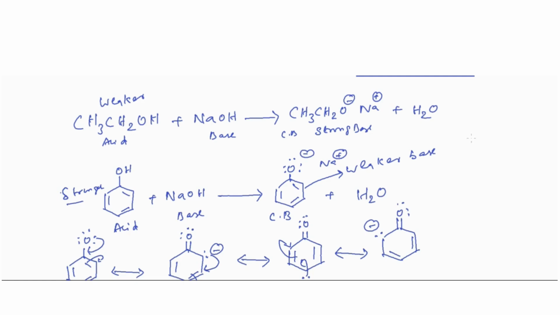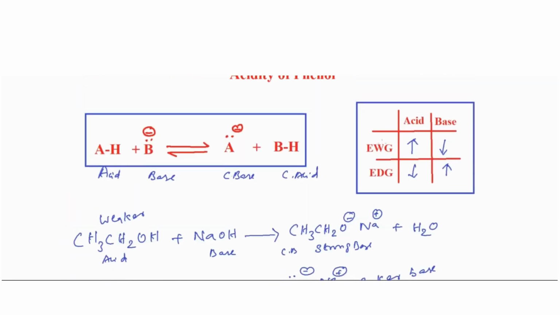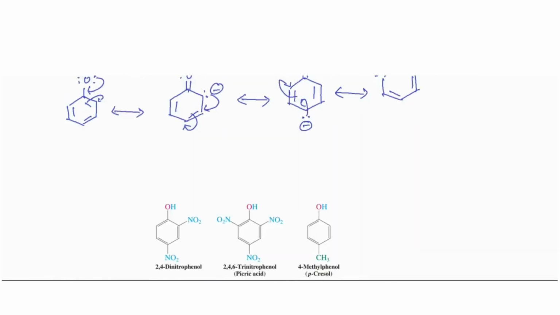Now let's discuss one more important point: how a substituent in the phenol will increase or decrease the acidity. As we discussed, the electron withdrawing group will increase the acidity and electron donating groups will decrease the acidity. Now I will show you some examples.